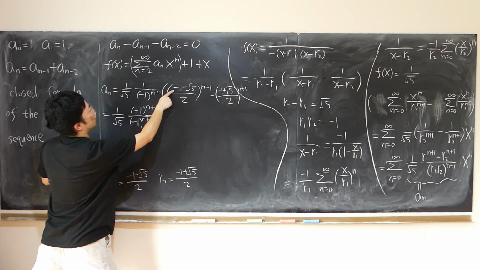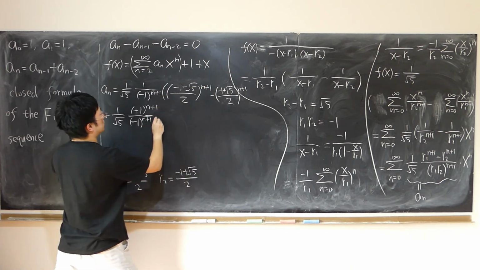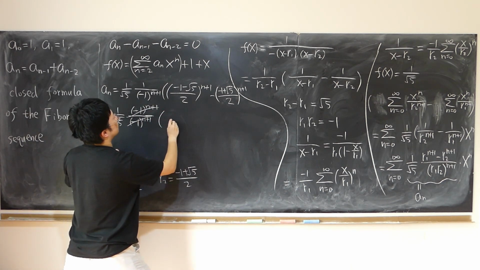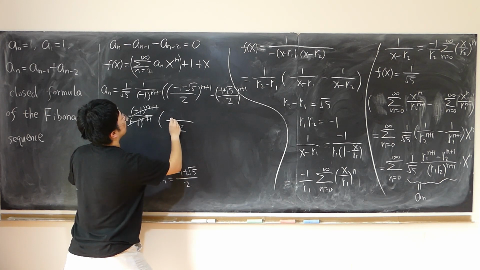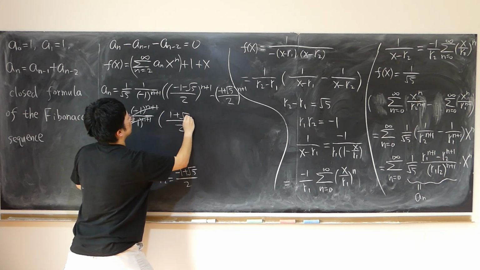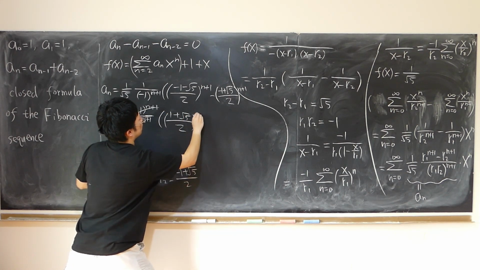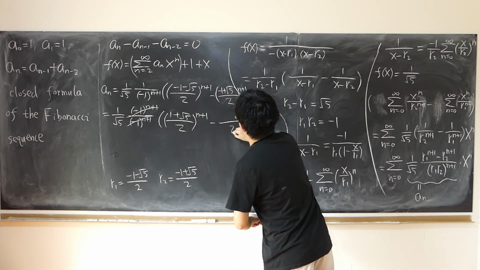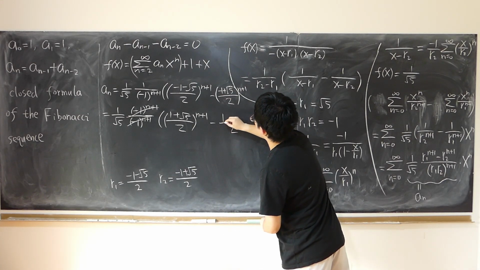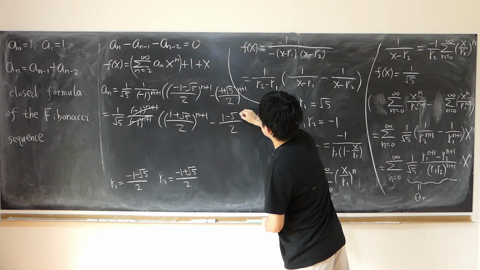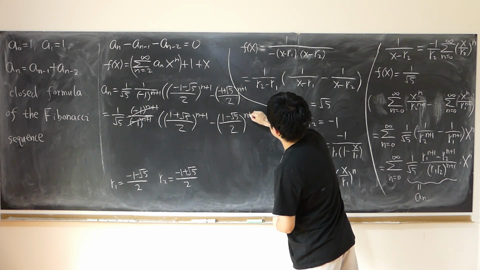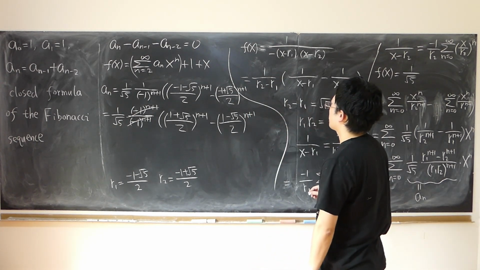So here the negative is gone, it becomes positive. And also this is gone. So half, positive square root of 5, altogether, power of n plus 1. So minus half of negative becomes positive, becomes negative, altogether to the power n plus 1 still.